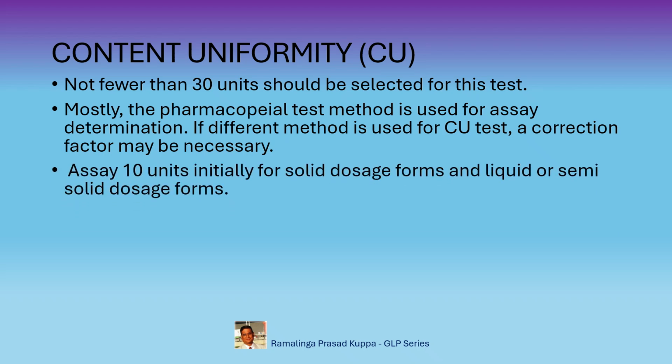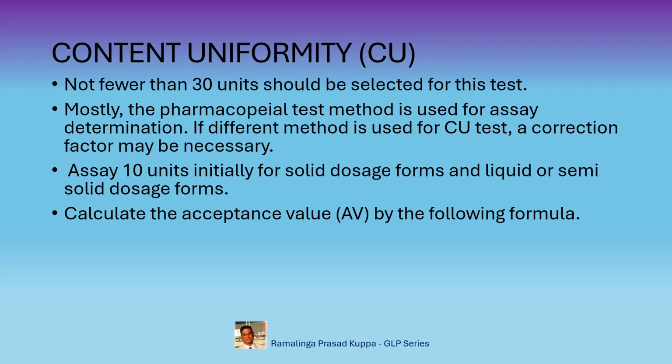Assay 10 units initially for solid dosage forms and liquid or semi-solid dosage forms. So the first step is to assay 10 tablets or dosage units and calculate the acceptance value.